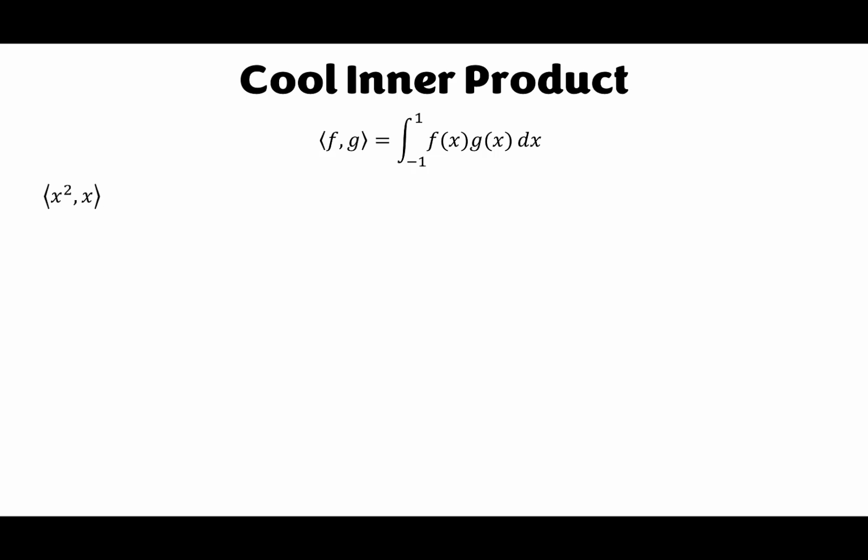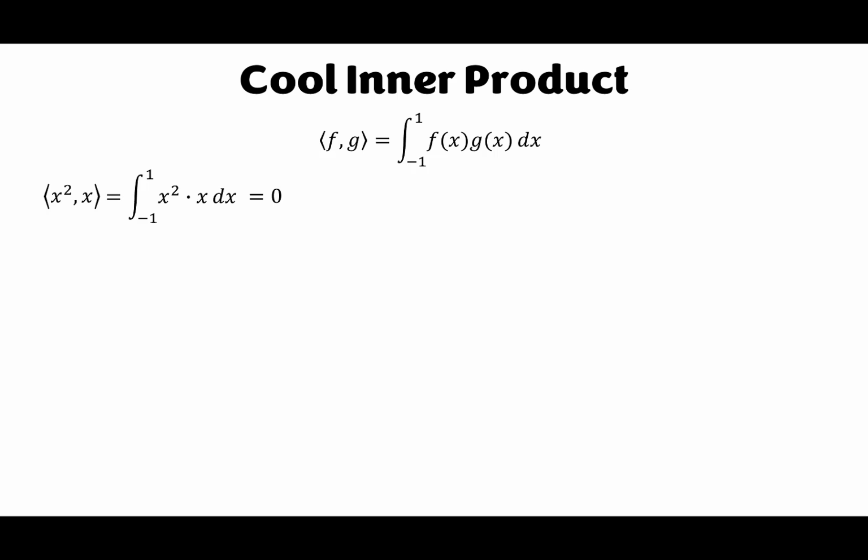All right. So let's look at the inner product of x squared with x. Well, that's the integral from -1 to 1 of x squared times x by definition. And that's 0, right? Because we're integrating x cubed. So x to the 4 over 4 is the antiderivative. Plug in 1 and -1, subtract the 2, you get 0. So that's using the fundamental theorem of calculus to figure out the area under that curve.